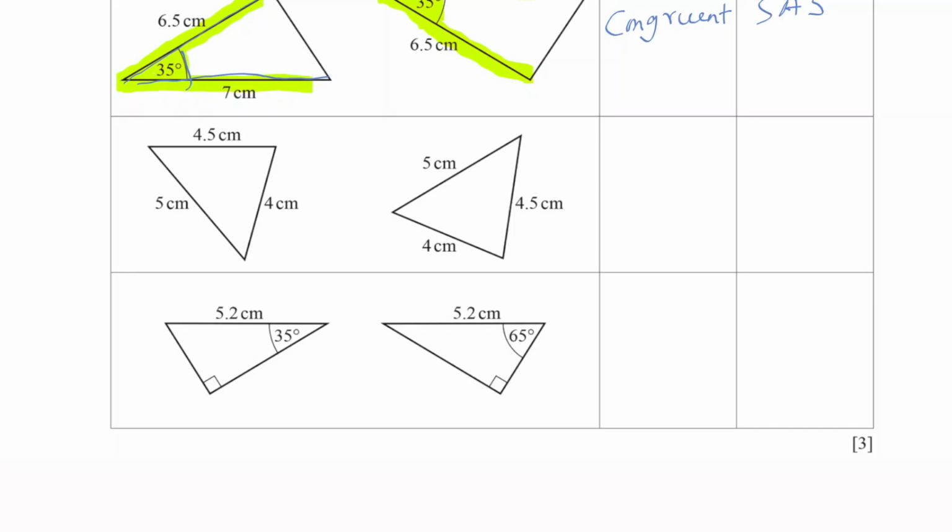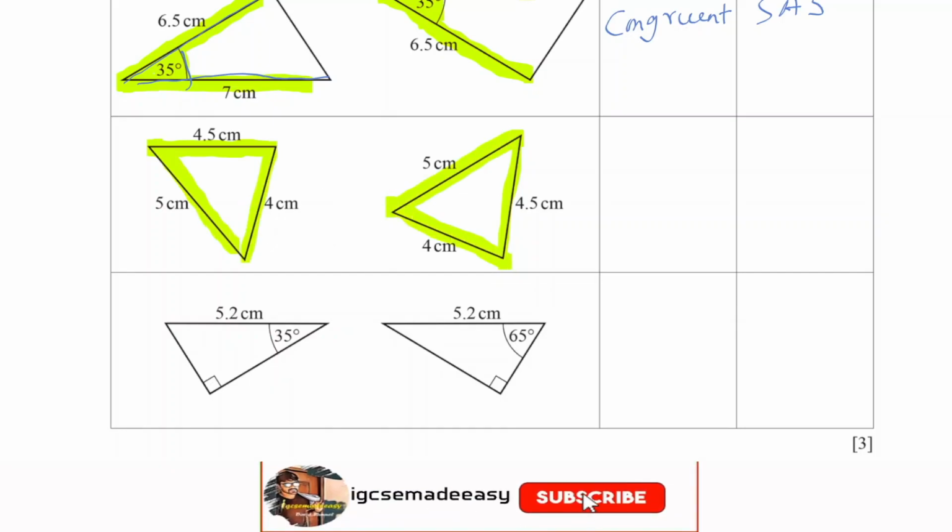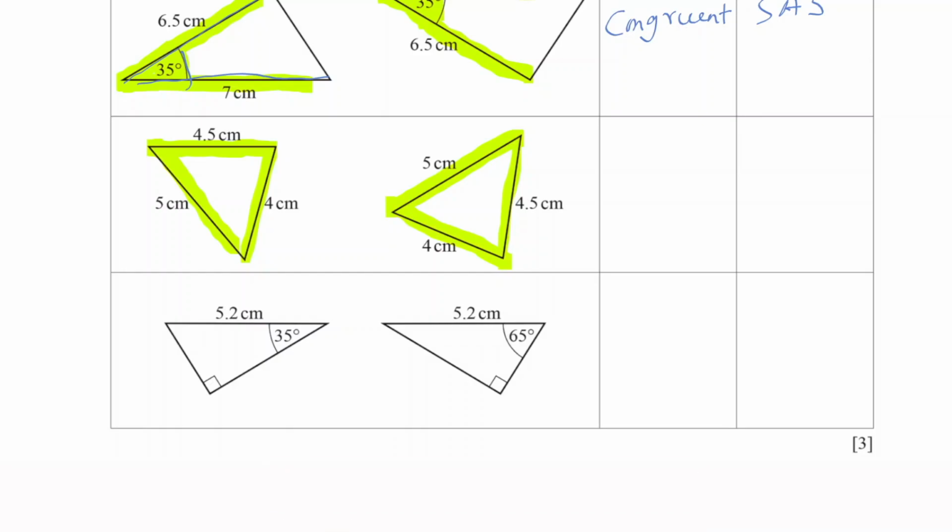Then here we can see that this is 4.5, here it is 4.5, this is 5 and this is 5, and this is 4 and this is 4. So all the sides are equal, so it is again congruent by the property side side side, SSS property.